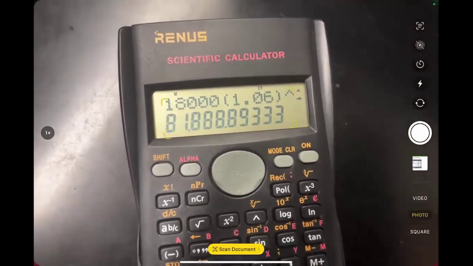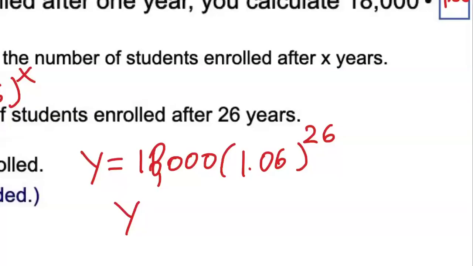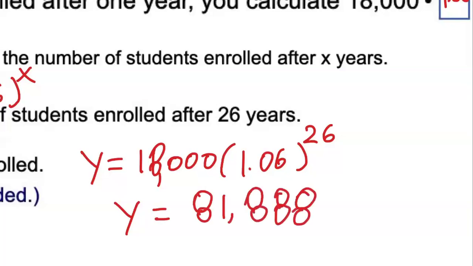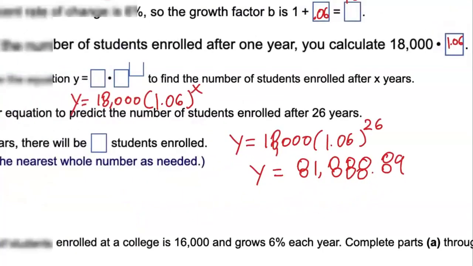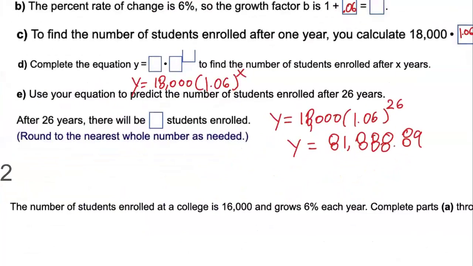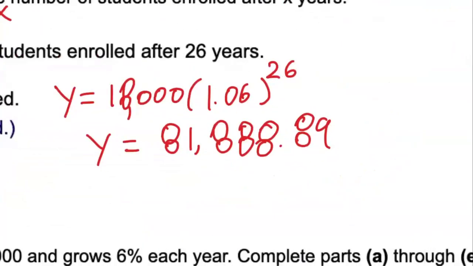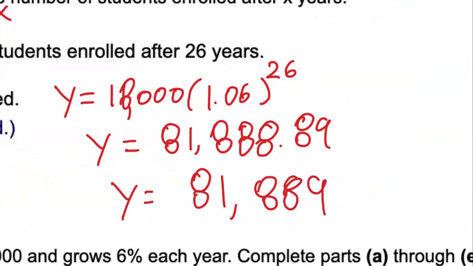Make sure you plug it in correctly, because if you don't, you're going to get the answer wrong. So y is equal to 81,888.89. Now here's the thing, you have to make sure you read what it wants you to do. It says round to the nearest whole number. So the nearest whole number is 81,889.